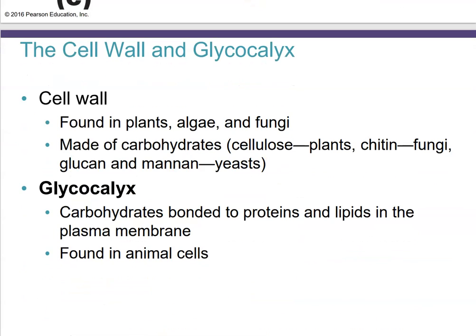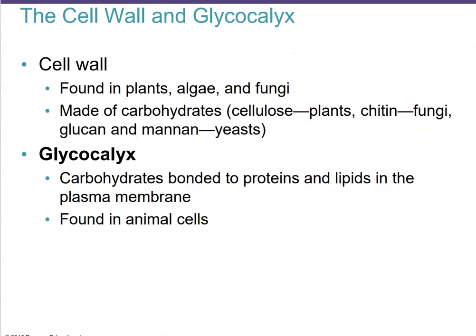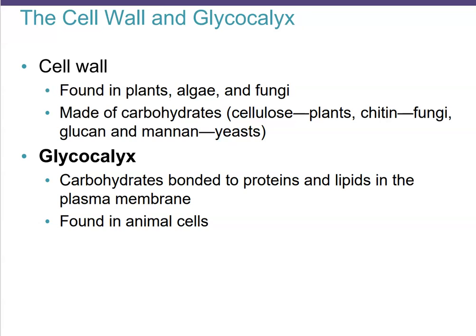And now let's take a look at the cell wall and the glycocalyx. In prokaryotes, just to recap, we have the peptidoglycan in the eubacteria, that is. And here in these eukaryotes, we find a variety of cell wall materials. Now, cell walls are only found in plants, fungi, and algae.